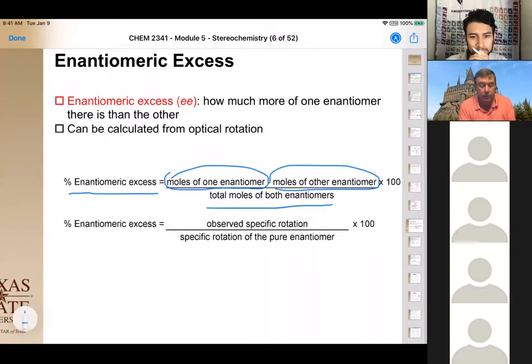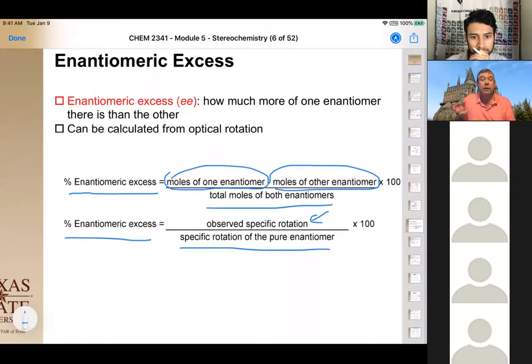Okay, so the way we do that is we have our percent enantiomeric excess, meaning the number of molecules that we do see rotate light and all the other molecules cancel each other out. We do that by what we observe, and we divide that by what it should have been for the pure enantiomer. So let's say we have the R and it's rotating light in the negative direction.